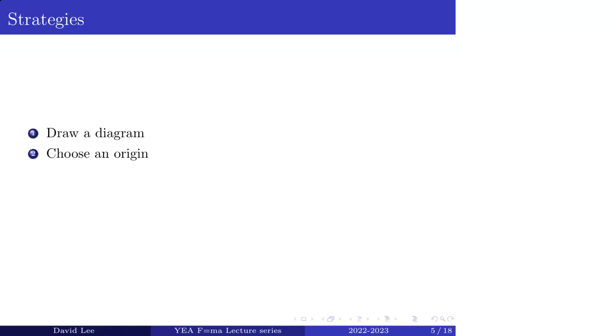After you draw the force diagram, you might have some idea of which origin to choose. Normally you would choose an origin that eliminates some annoying forces or forces you don't really want to deal with. If you choose an origin at the right point, you can make sure that the net torque from those forces is zero, and so you won't have to deal with those forces. The next step is just to write down your equations, and then after that you can just solve them and you'll be done.